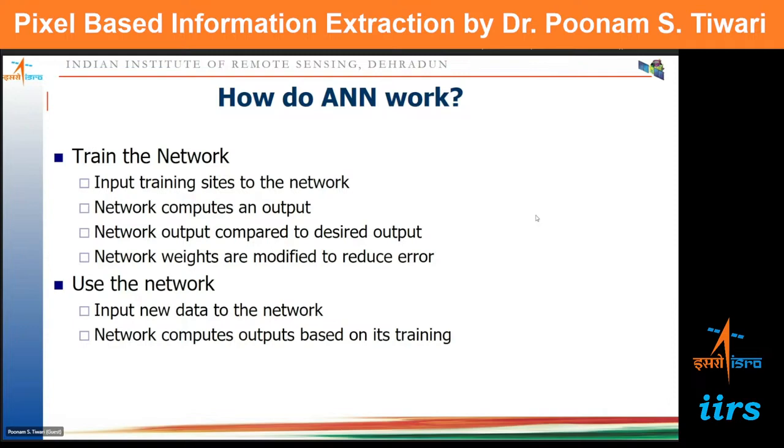Once the network is trained, we can use it with another set of input data, and the network computes the output based on the training that we have already provided.